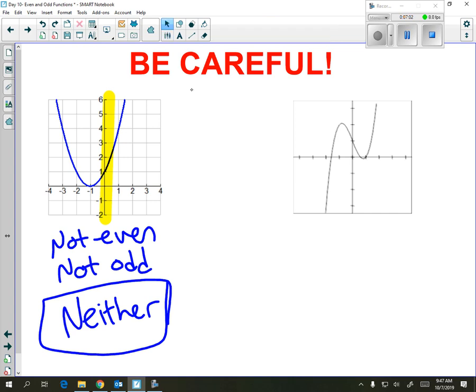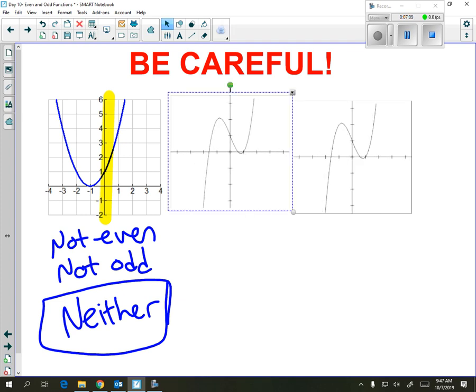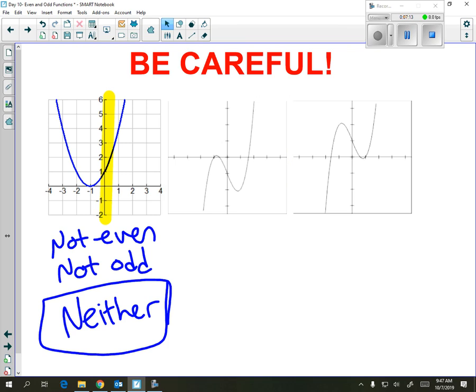Now, the next one has the potential to be odd, because if you turn it upside down, it looks like a similar image, right? But if you closely examine the graph, the points are different. Like here, I am crossing through the coordinate 0, 1.